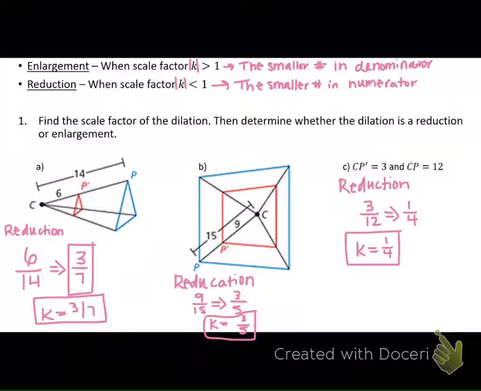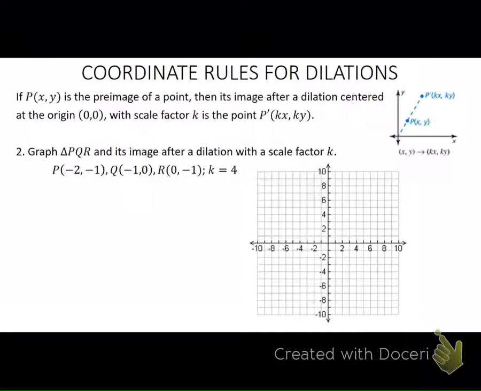All right, so the next one says coordinate rules for dilation. If P is x comma y, the pre-image of a point, then its image after dilation centered at the origin, 0, 0, with scale factor k is the point P prime, kx, ky. What that means is multiply x and y by the scale factor.